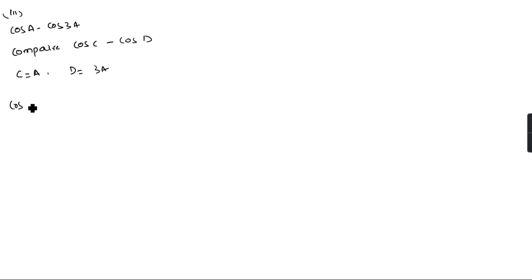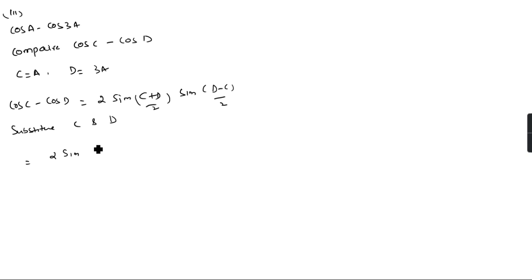So what is the formula for cos C minus cos D? What is the original formula? That is 2 sin of (C plus D) by 2 sin of (D minus C) by 2. Substitute C and D. So we get that 2 sin of (A plus 3A) by 2 sin of (3A minus A) by 2.